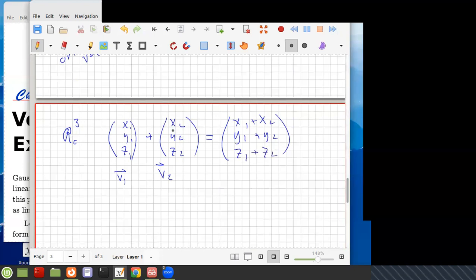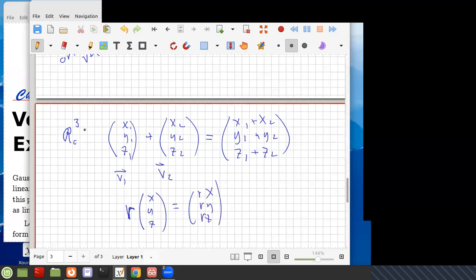So this operation that I can add vectors is what's going to make this into a vector space, along with the fact that if I take any vector and multiply it by a real number r, it's defined by rx, ry, rz.